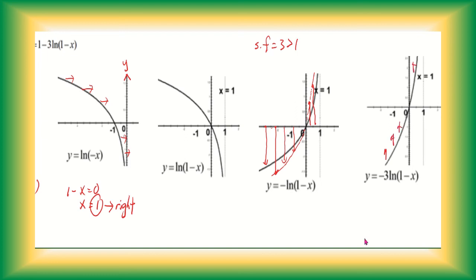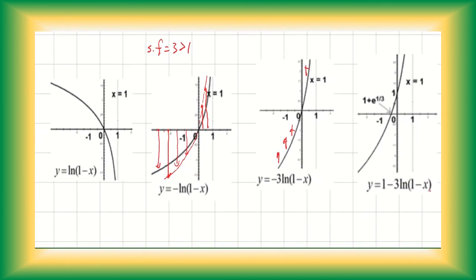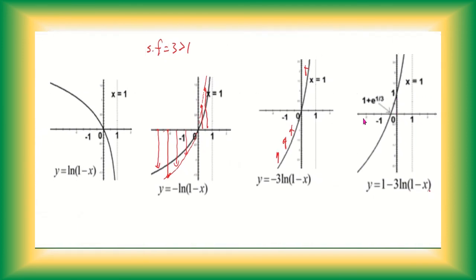Now we look at the critical point here. Initially it is 0. When the whole curve is shifted upward by 1 unit, this value will change. Before it is 0, after shifting 1 unit, it becomes 1.